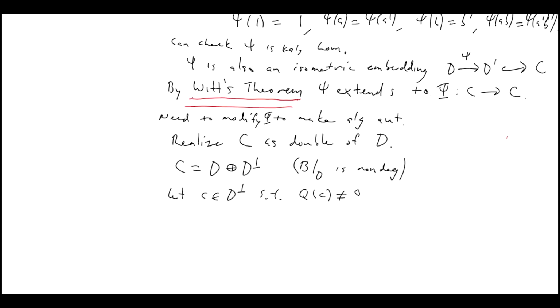Let me make a claim, and we'll come back to this a little bit later: D perp can be realized as just D times C. So let's assume this for now.